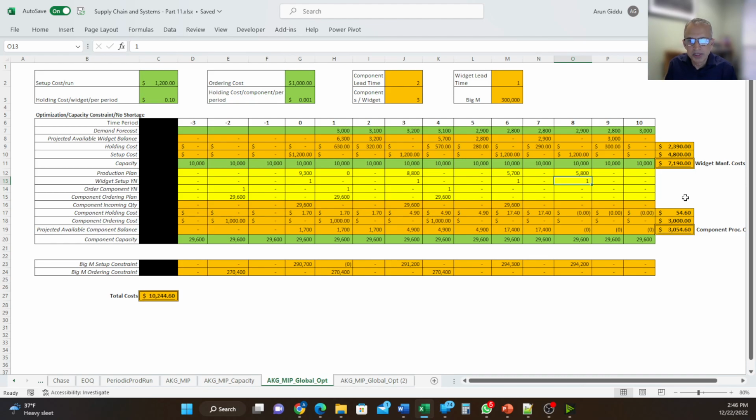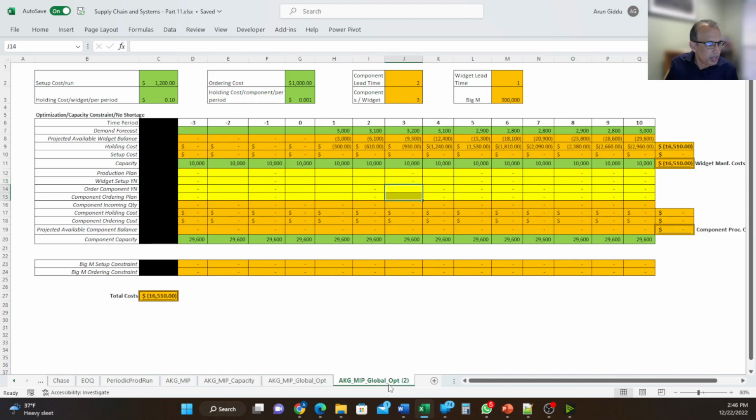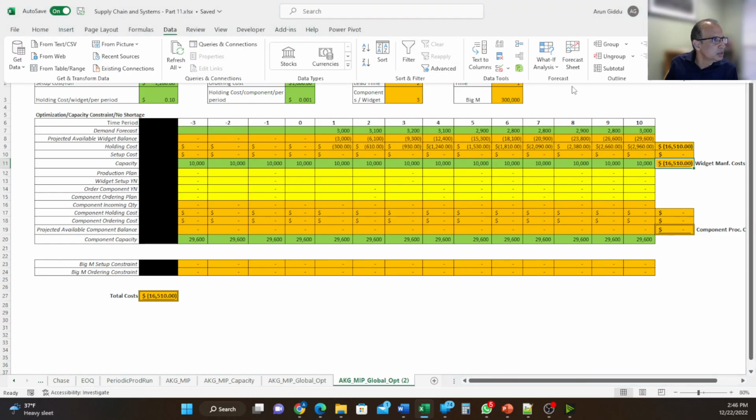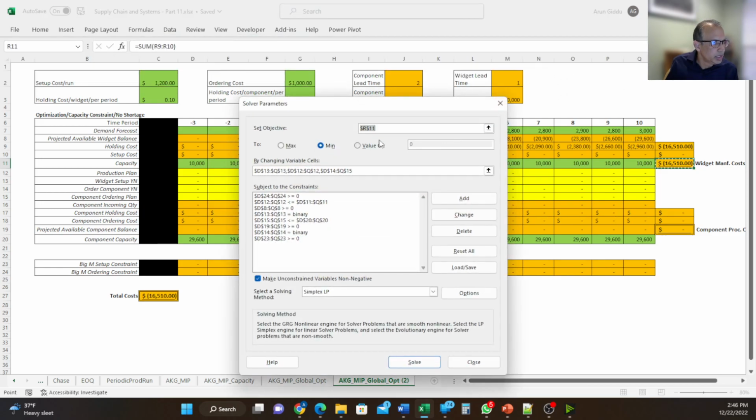We have the same setup, and I am now minimizing manufacturing cost by itself. So let me do that in Solver. Go here, Solver, and then I'm saying instead of minimizing the total cost, I am saying minimize the cost of manufacturing, which is R11.